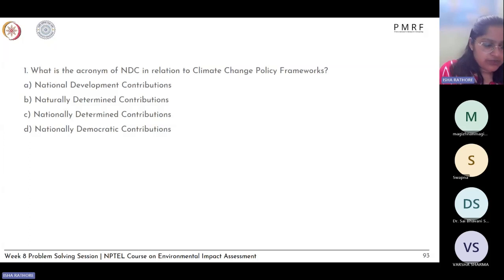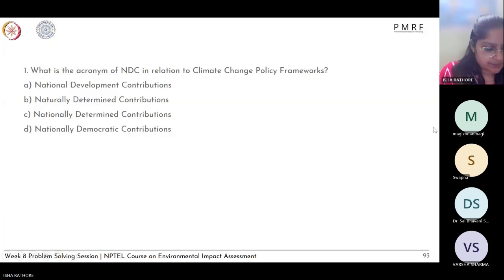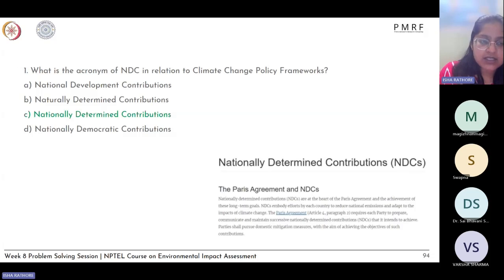So the full form of the term NDC in relation to climate change policy framework. Here we have one answer. Okay, so the correct answer is C, that is NDC stands for nationally determined contributions.